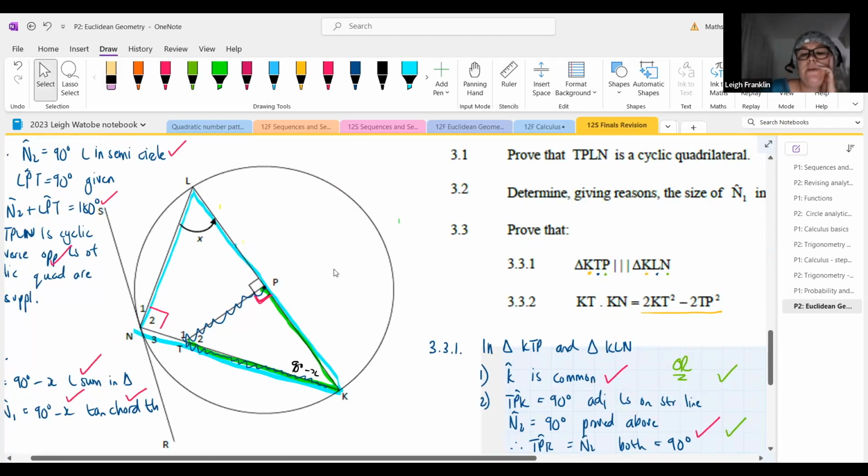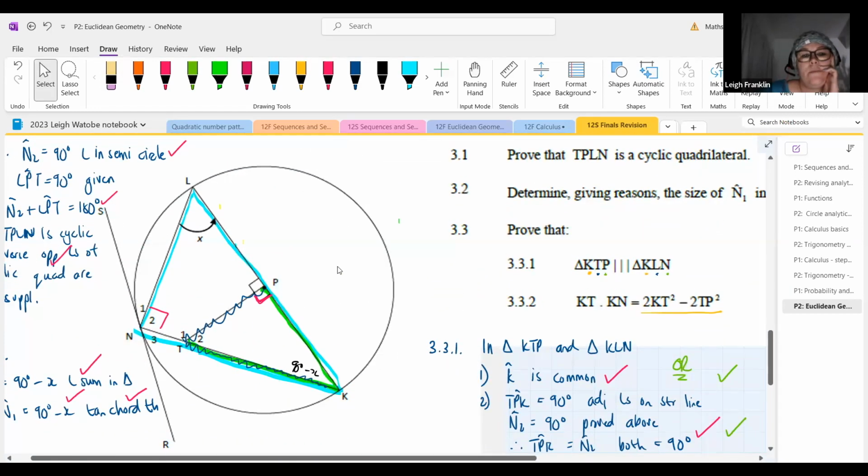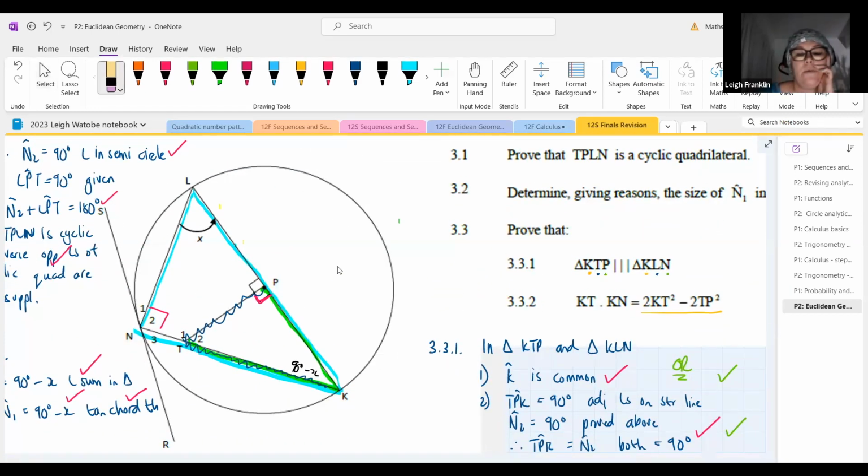So I want you to look at the diagram. KT is the side over here as well. And KN is the whole thing.